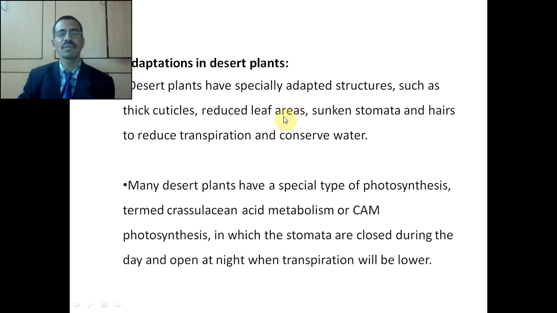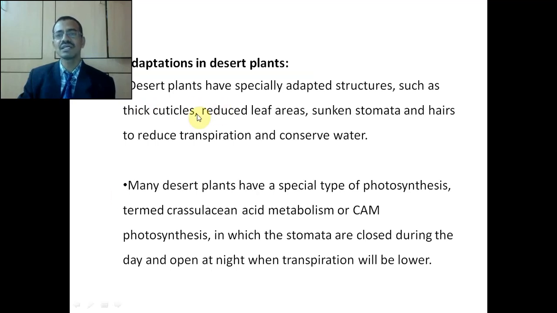For example, Opuntia. In Opuntia, the leaves are totally modified as spines and the stem is adapted into a cladode and carries out the photosynthesis. So to prevent the transpiration in xerophytes like Opuntia, leaves are totally modified as the spines.